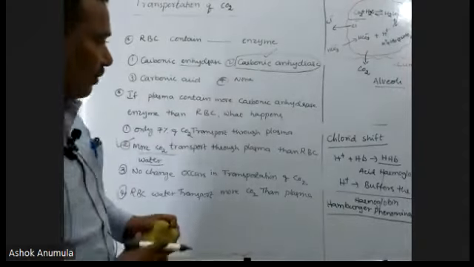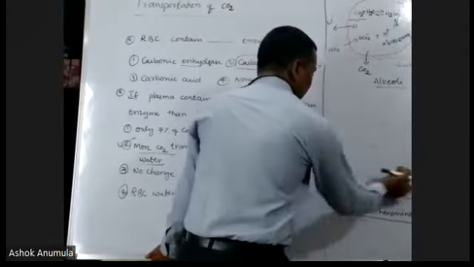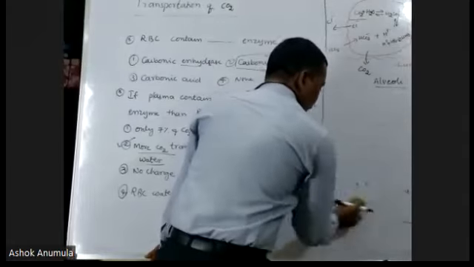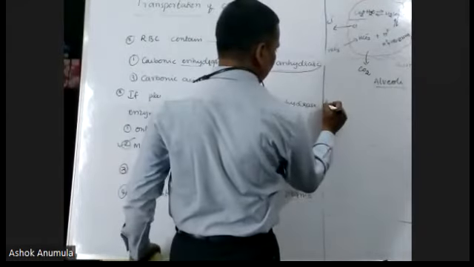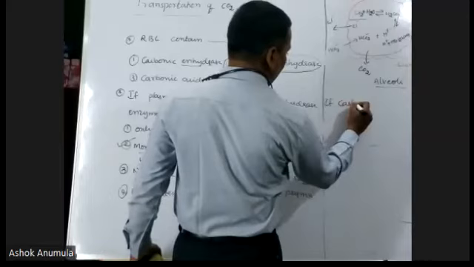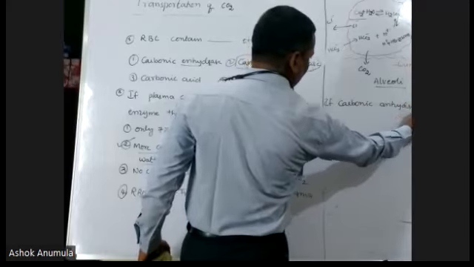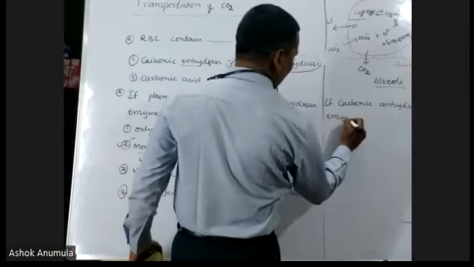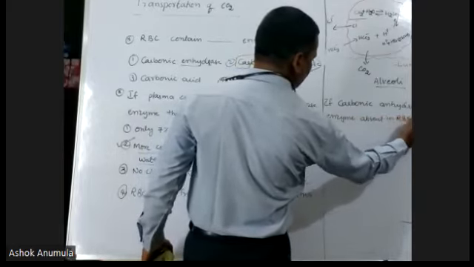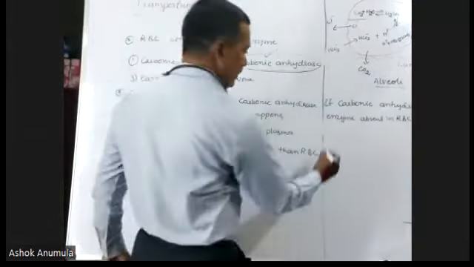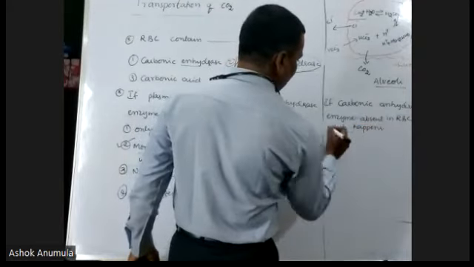And the question may come like this also. Here I would like to give one more question. If carbonic anhydrase enzyme is absent in RBC, what happens?